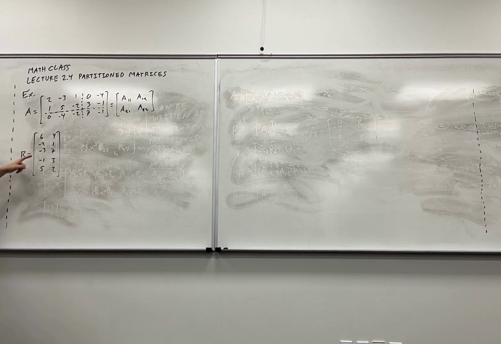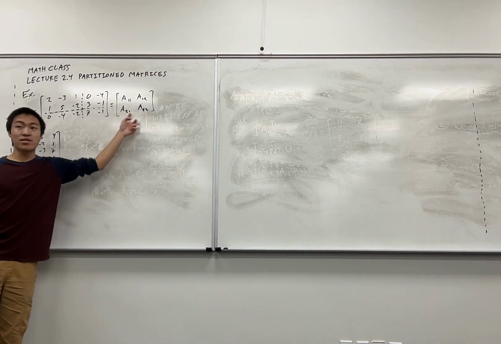Okay? Now the way I partition this subtly matters, right? Because think about it. If I just choose to make my partition and block off this 1 by 2 up here, and then I'm stuck with this 4 by 2 down here, those blocks aren't going to make any sense for these.